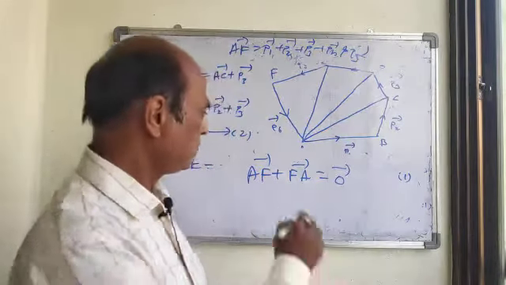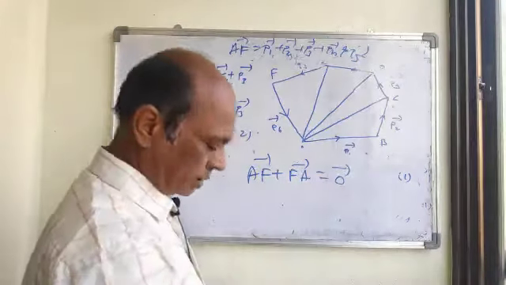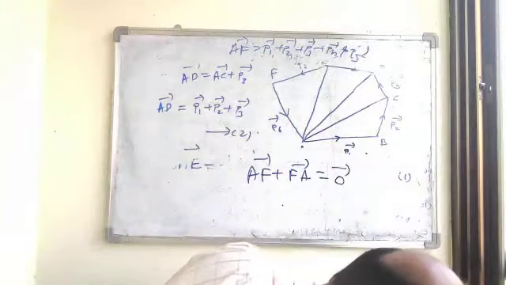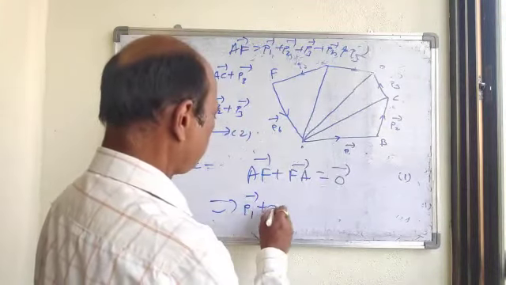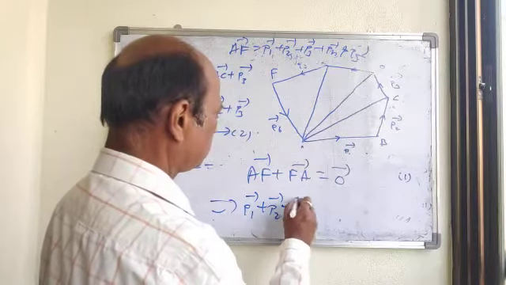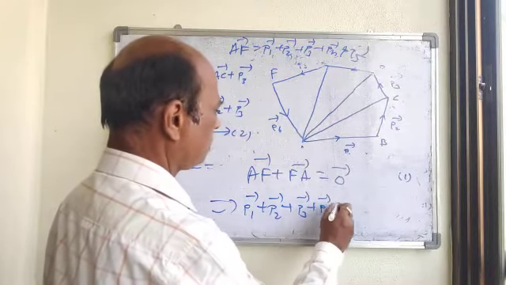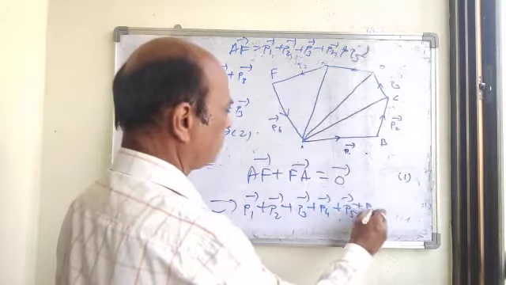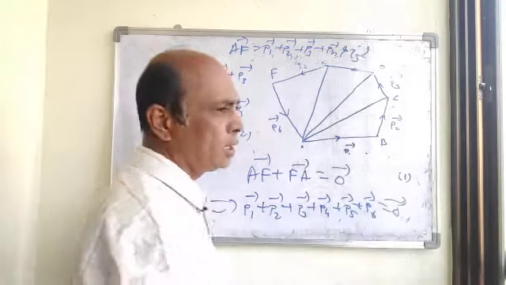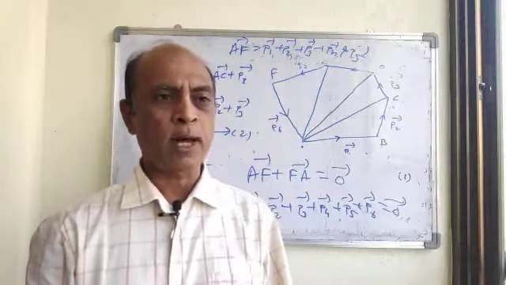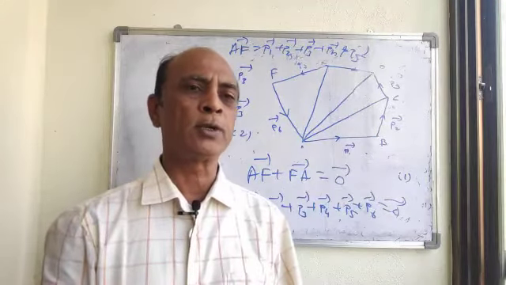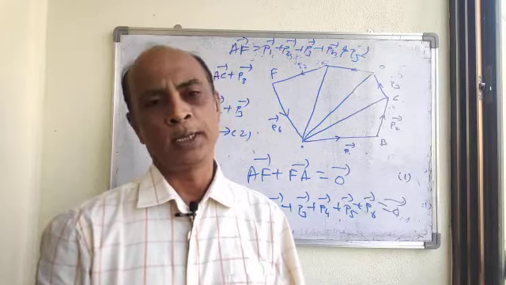Therefore AF bar plus FA bar is equal to this 0 bar, which implies that P1 bar plus P2 bar plus P3 bar plus P4 bar plus P5 bar plus P6 bar is equal to 0 bar, and it means we have proved that these forces P1 bar, P2 bar, P3 bar, P4 bar and so on, P6 bar are in equilibrium.